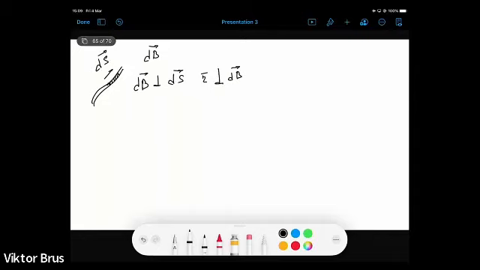This unit vector defines the direction which connects the length element ds with the point in space where we want to know magnetic field.